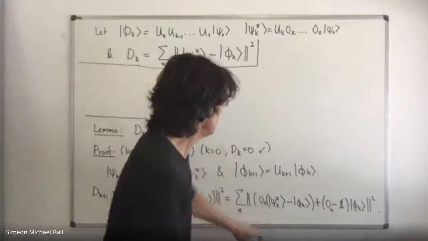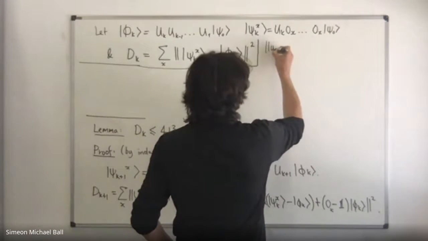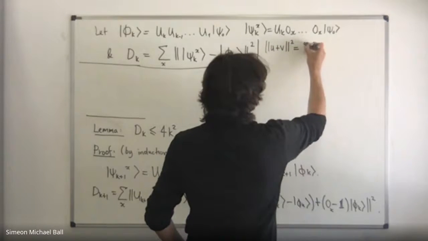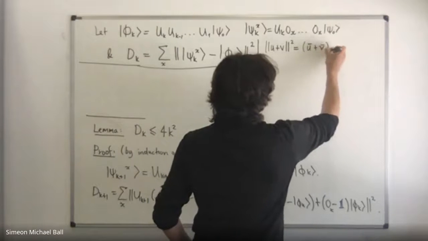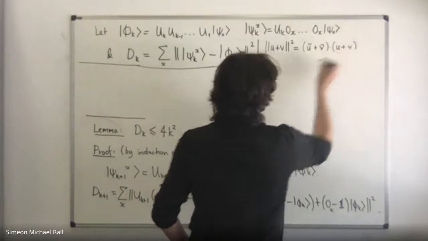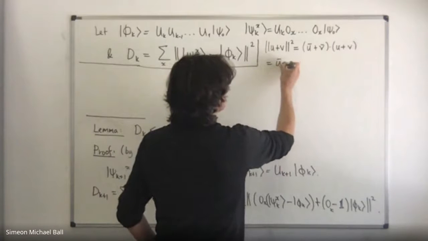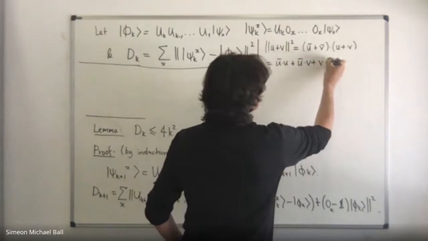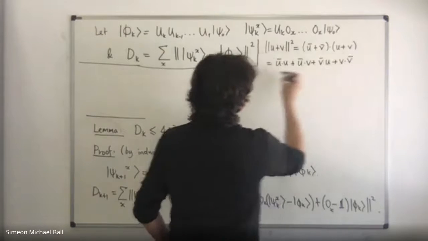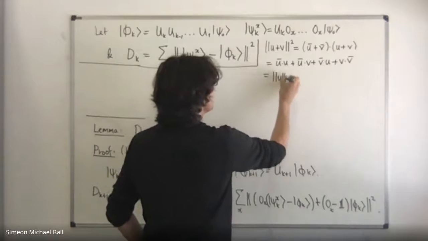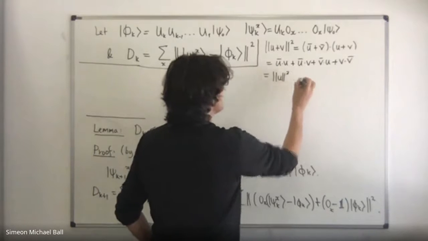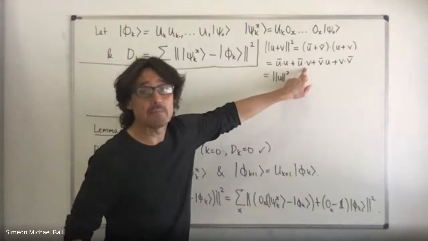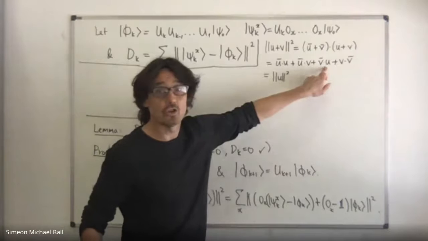Now let's just do this. We've got u plus v squared here, so let's just see where this goes. This is u bar plus v bar dot u plus v, which is u squared plus v squared plus, now, here I've got some complex number z and its complex conjugate.